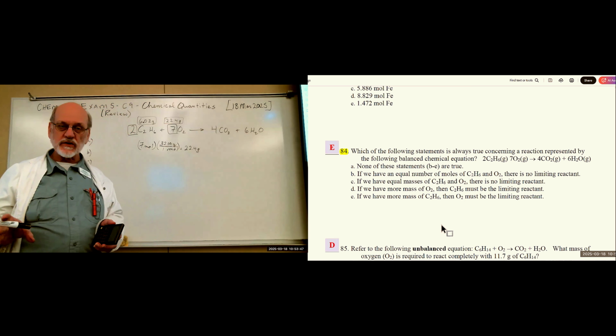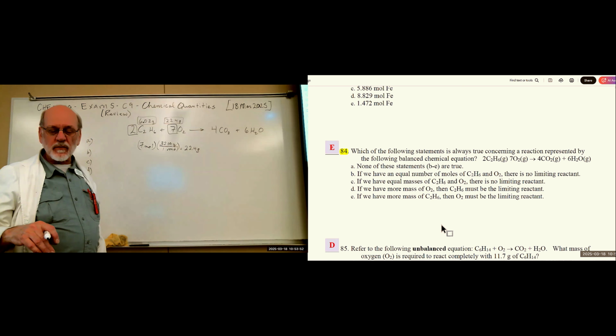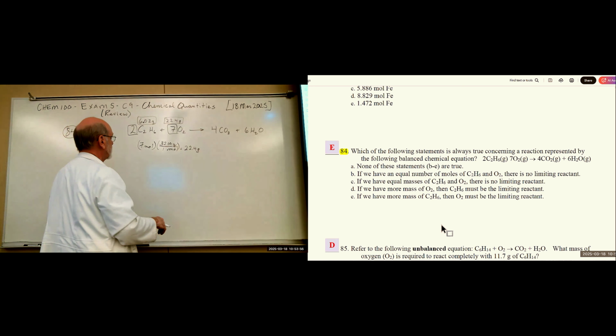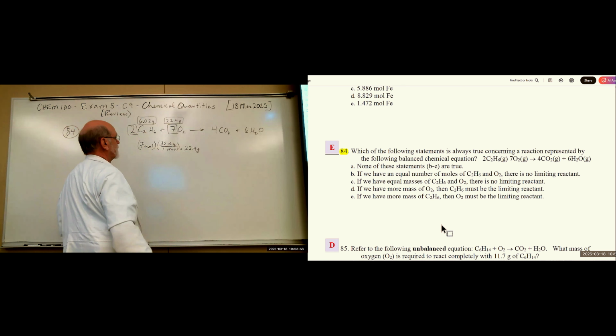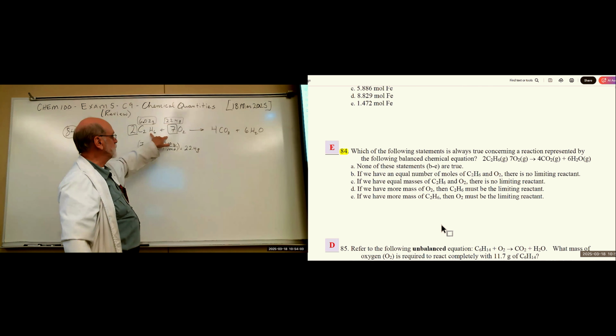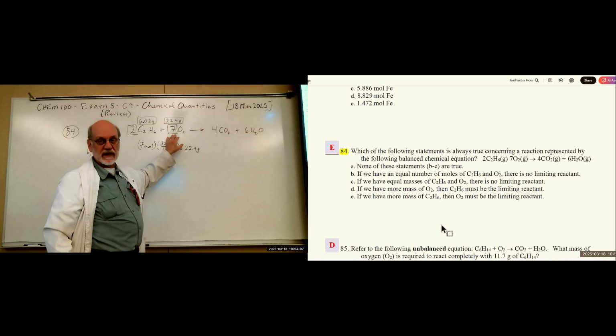So now we can go to our questions and say, for B, if we have equal number of moles of C2H6 and O2, there's no limiting. Well, equal number of moles, one of them would be limiting because they're not equal. It's 2 to 7. So if we had 2 moles each, then oxygen would be limiting.